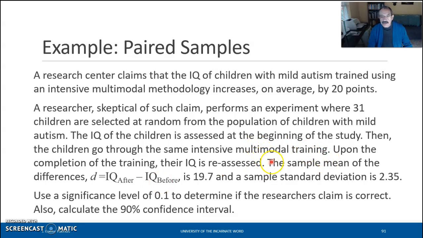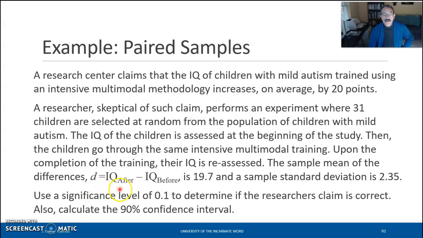So the results of the sample are given to us as the difference of the IQ after minus the IQ before. And the average of those differences from the sample of 31 children is 19.7, and the sample standard deviation is 2.35.